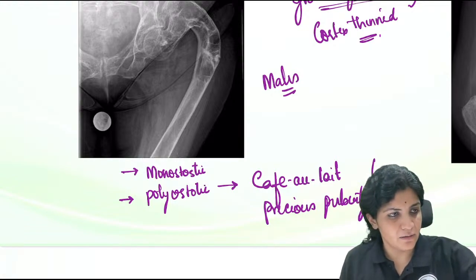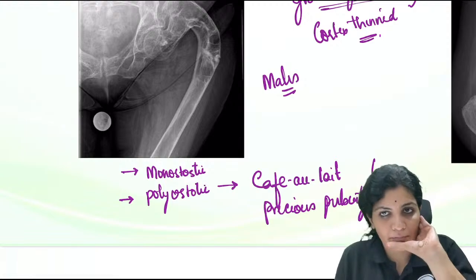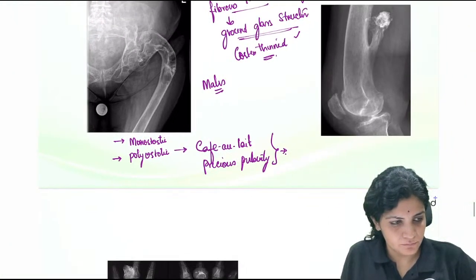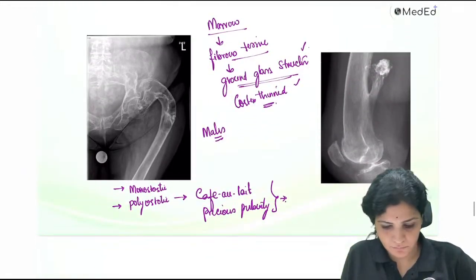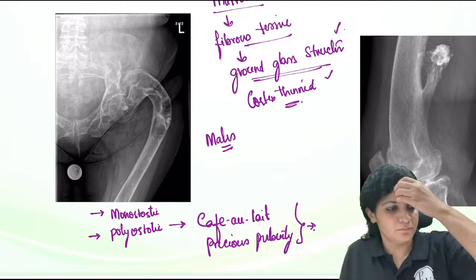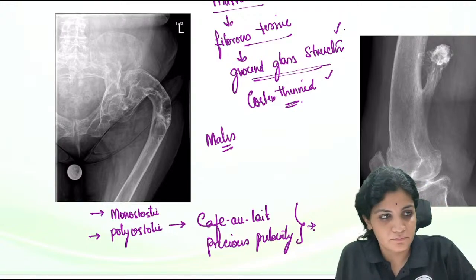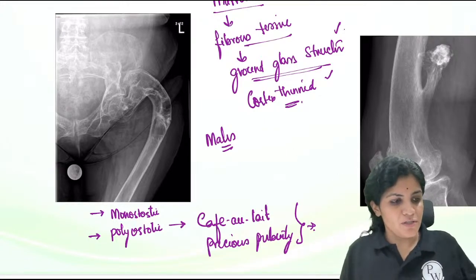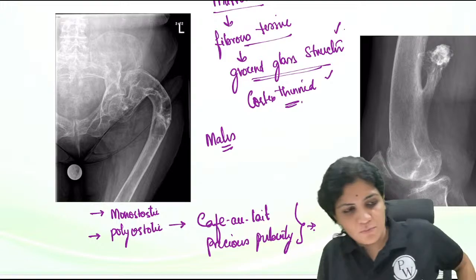Quicker, I'm waiting for your answer. What is the syndrome called? Precocious puberty with café-au-lait spots related with fibrous dysplasia.